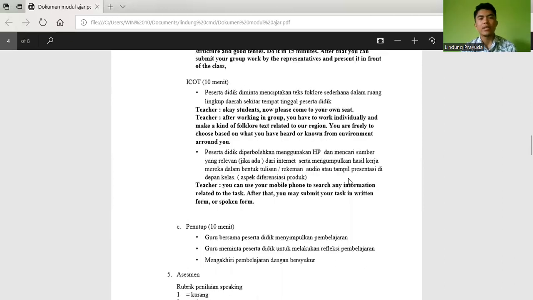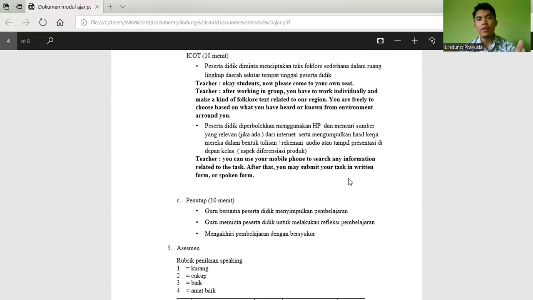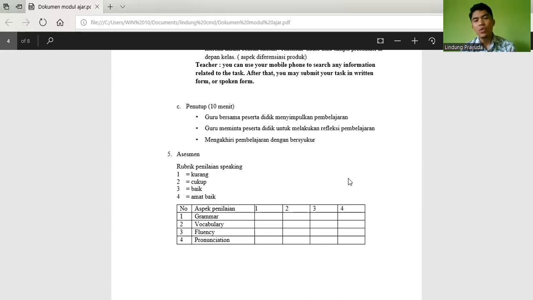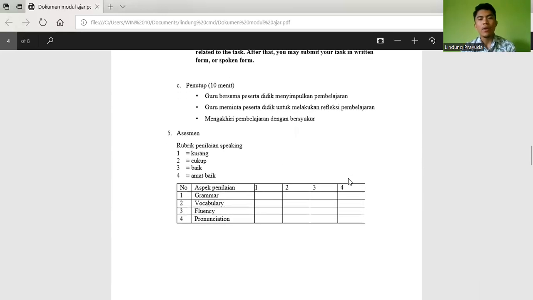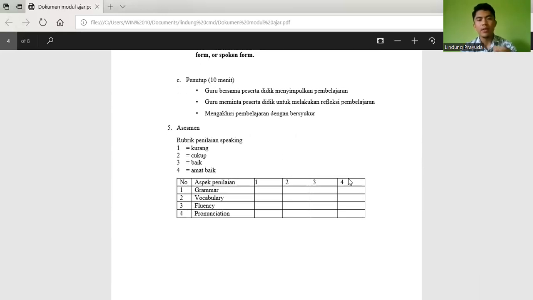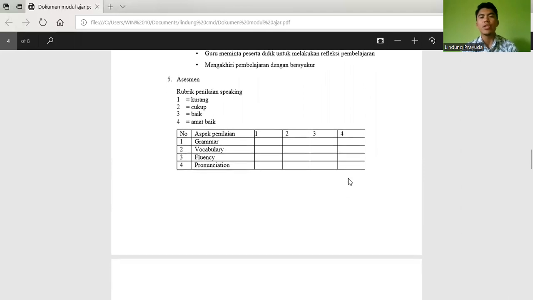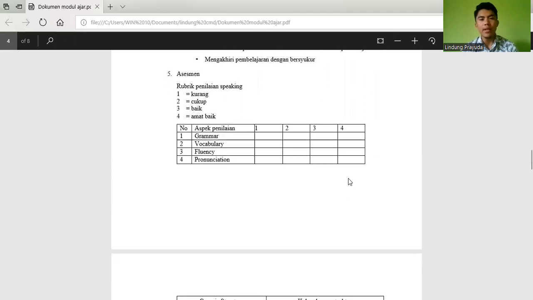After they submit the text, the teacher will do an assessment, for example a speaking assessment covering grammar, vocabulary, fluency, and pronunciation, and that's the rubric.